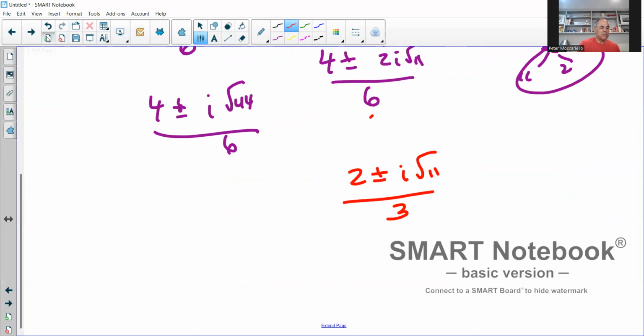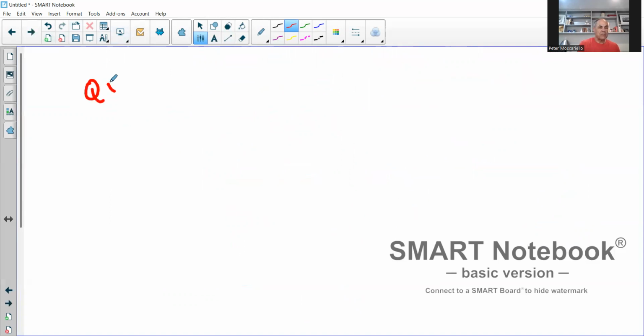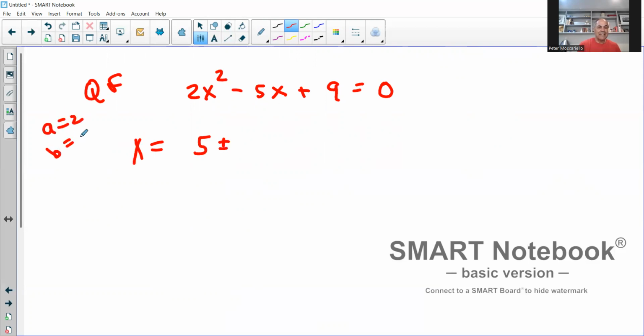All right, here's one for you to try. Quadratic formula for this one. All right, you can pause and do that out. Okay, we're back. So x equals -b, which is +5, right? A is 2, B is -5, C is 9.